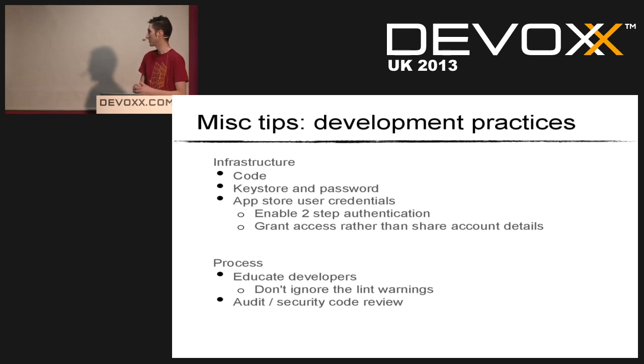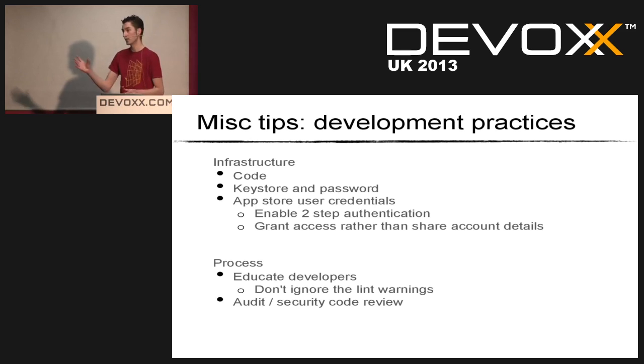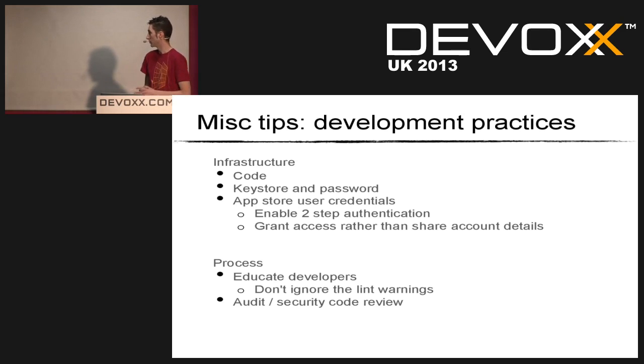We don't need to know those kinds of details. That's a much safer way of doing it. Then you can disable those accounts afterwards, and you don't have multiple copies of account details lurking around the place. So what I'm saying there is don't have all this information in the same system.